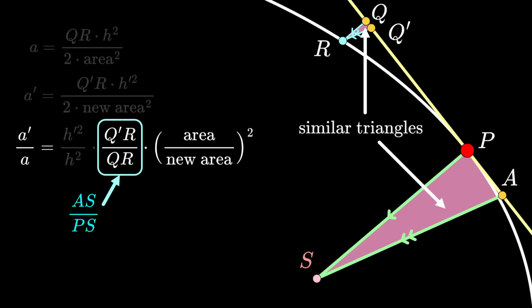The advantage of doing this is that the new ratio AS to PS does not depend on where R is. So even as we take the limit that R coincides with P, it will always be this ratio.